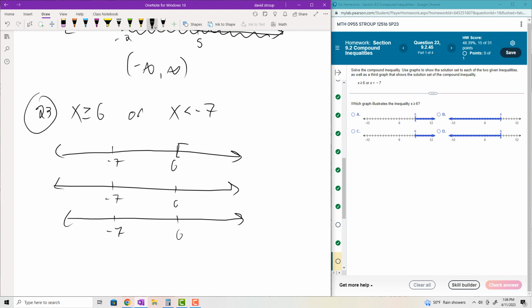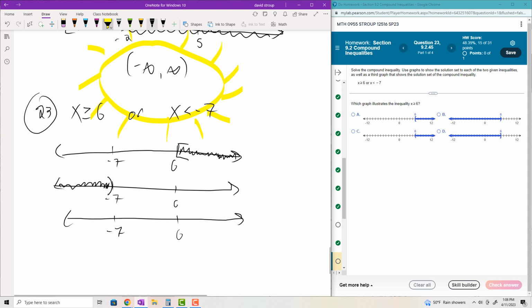Greater than or equal to 6 is everything above 6, and also including 6. Then everything less than negative 7, open parentheses there, but then everything less than that. And then the shadow of this time there's nothing in between, right? It's just all this stuff on the sides is being shadowed out.